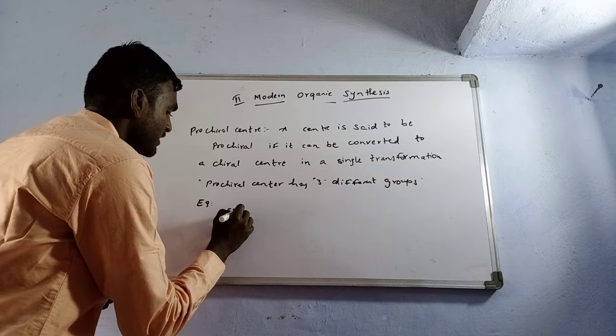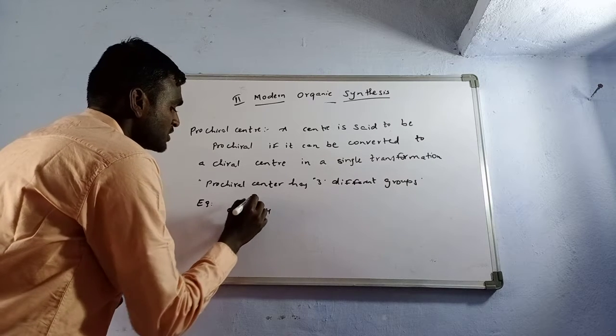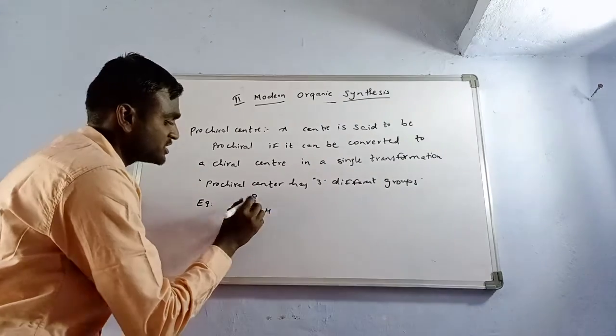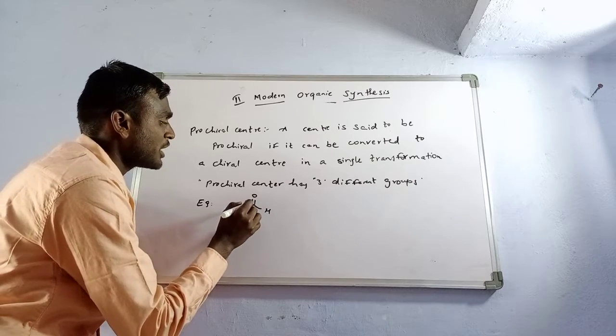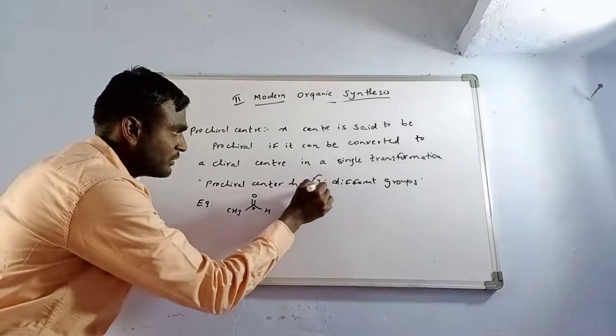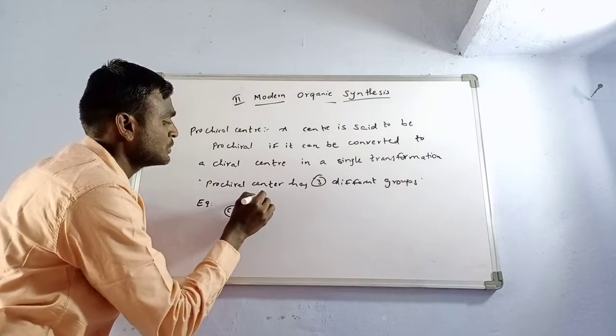If we take the aldehyde group, see, this is the prochiral center. Why? Because this is a prochiral molecule, and a prochiral molecule will have a prochiral center. This prochiral center will have three different groups. Here one group, here 1, 2 and 3.